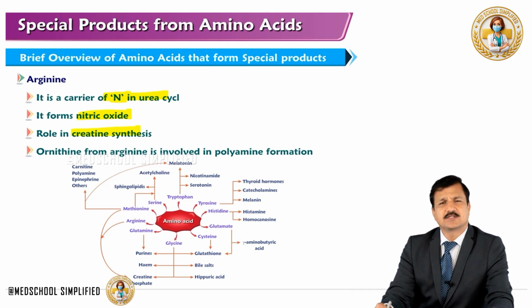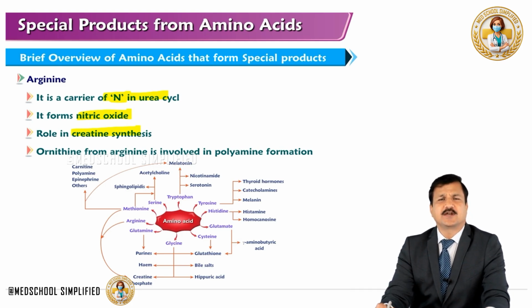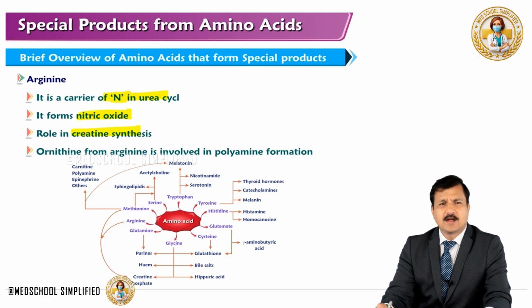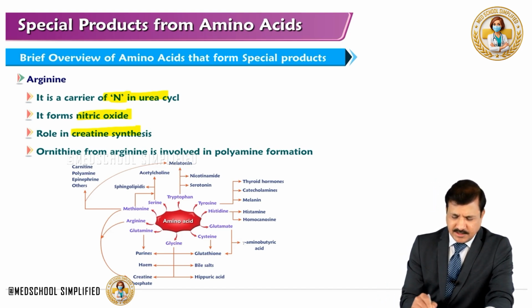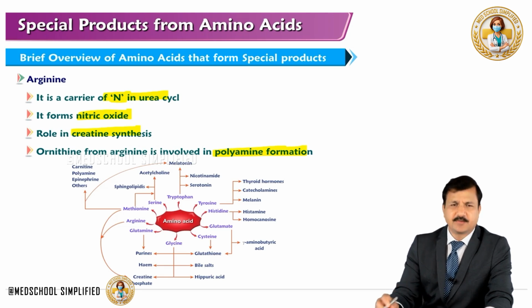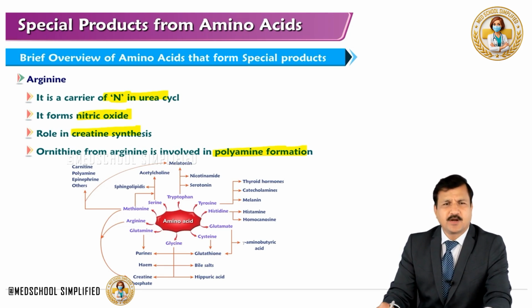Arginine has a role in the synthesis of creatine, which eventually becomes creatine phosphate under resting condition, and creatine phosphate is a storage of energy in the muscle. And ornithine from arginine is involved in polyamine formation. So these are some of the special products that come from arginine.